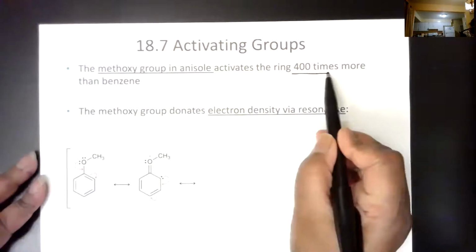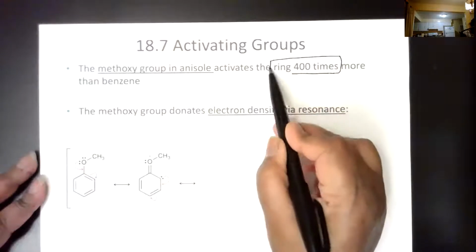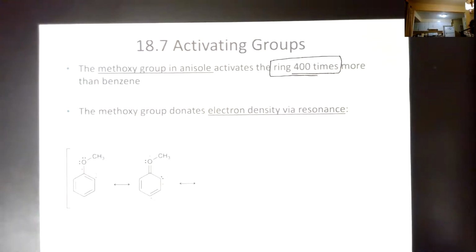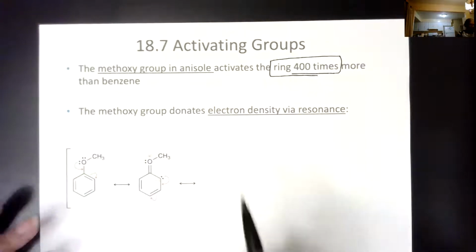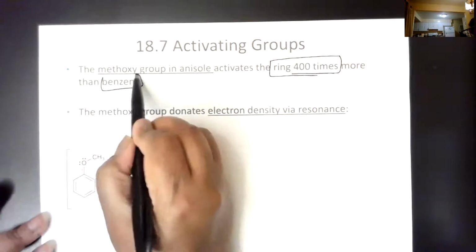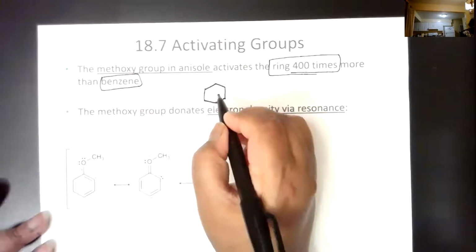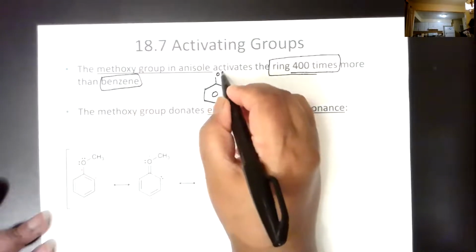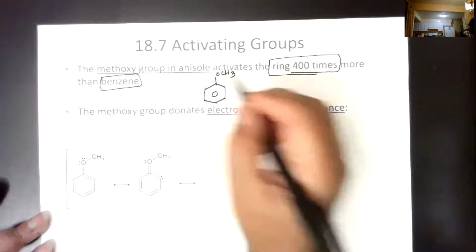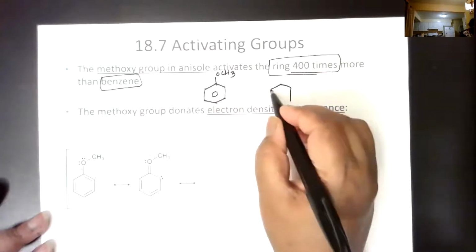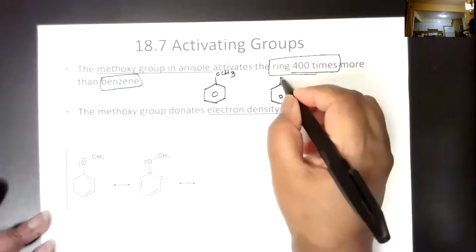Those are more activating. So the methoxy group, compared to benzene, okay, not compared to something else, compared to benzene. If you have an ether like this, the methoxy group attached to the benzene ring, versus benzene.